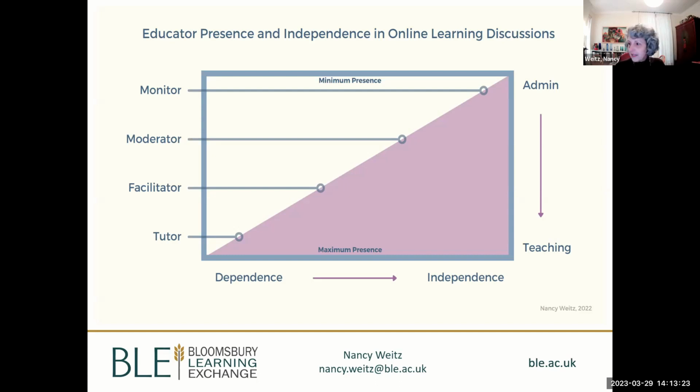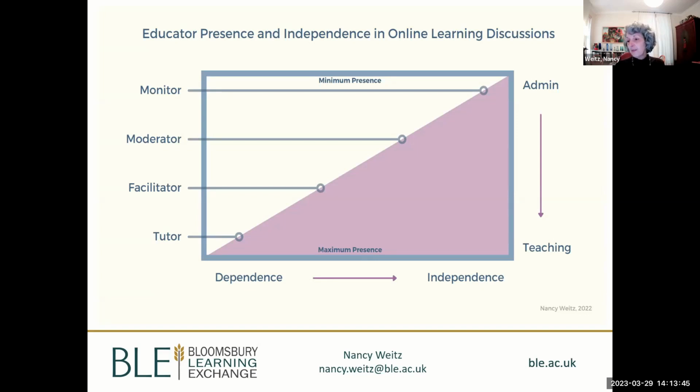What this primarily allowed me to do during our training session was to fix on moderator as a place where there are some admin duties, and a little bit of interaction with the learners in the form of encouragement, pointing people in the right direction if they need help.